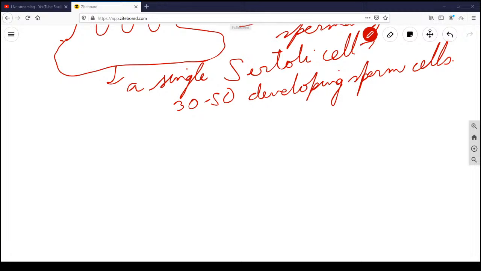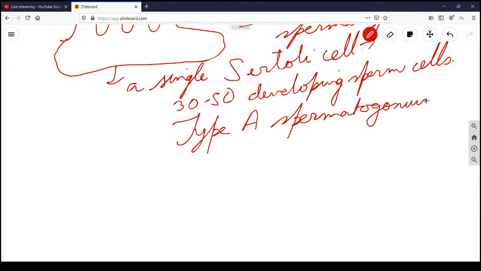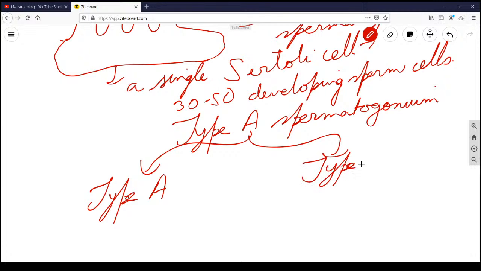The molecular signals from a Sertoli cell determine whether a type A spermatogonium will continue through the spermatogenetic path, remain as a stem cell, or undergo cell death known as apoptosis. So when a spermatogonium divides into one type A and another type A, and suppose this type A becomes type B, who will decide it?